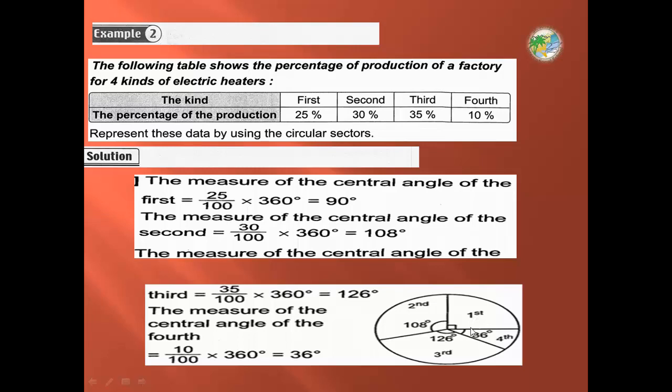If we have a diameter 10, then open your compass according to the length of the radius. You choose any radius, for example 5, and draw the circle and determine the center. Here the first central angle measure equals 90.